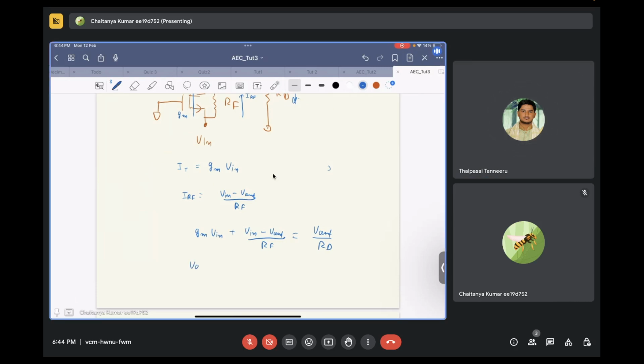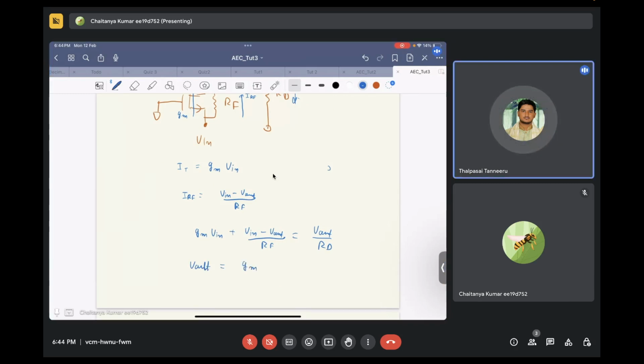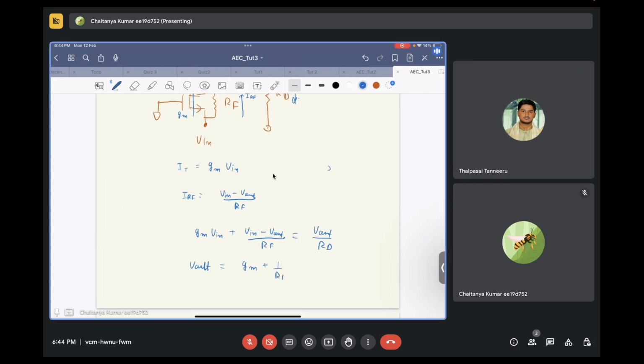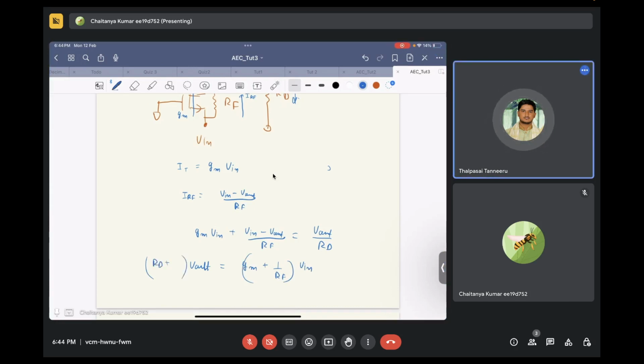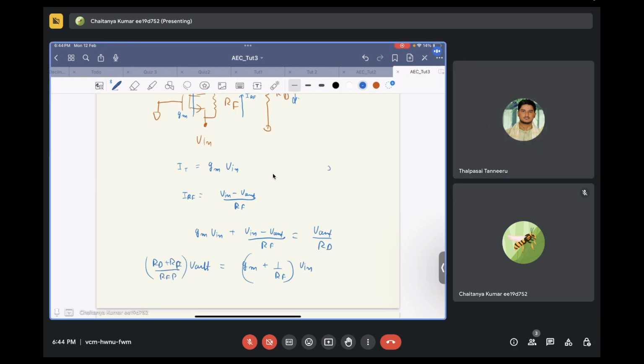So basically, what is Vout? Vout is equal to (Gm plus 1 by RF) times Vin, and over here, what will come? 1 by RF plus 1 by RD, which is (RD plus RF) upon RF RD.